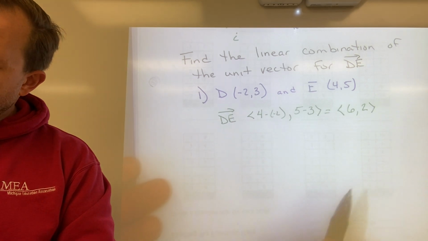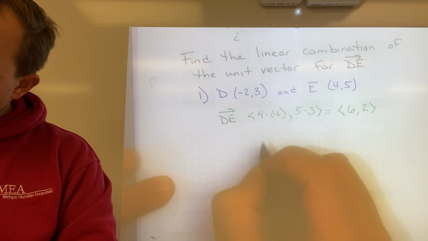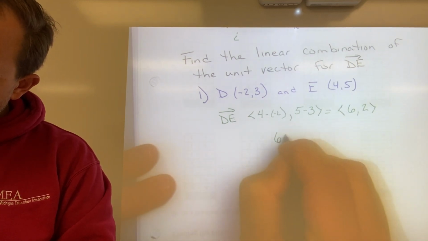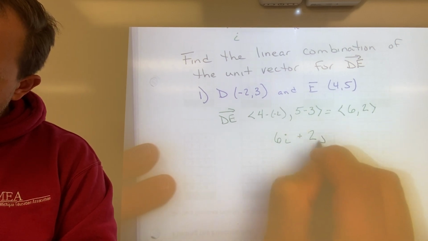So as a linear combination, that would be written as 6I plus 2J.